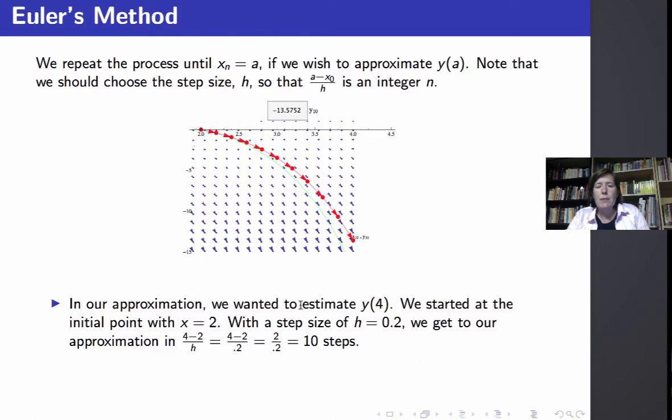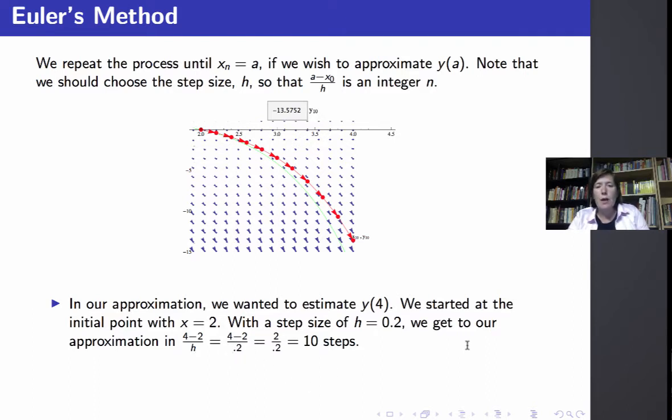In our approximation to a solution to y prime equals y minus x on the interval from 2 to 4, we would have liked an estimate for y of 4. And we started at the initial point with x0 equals 2 and a step size of 0.2, and we're going to get our approximation in (4 minus 2) over h steps, and with h equals 0.2, this is 10 steps.